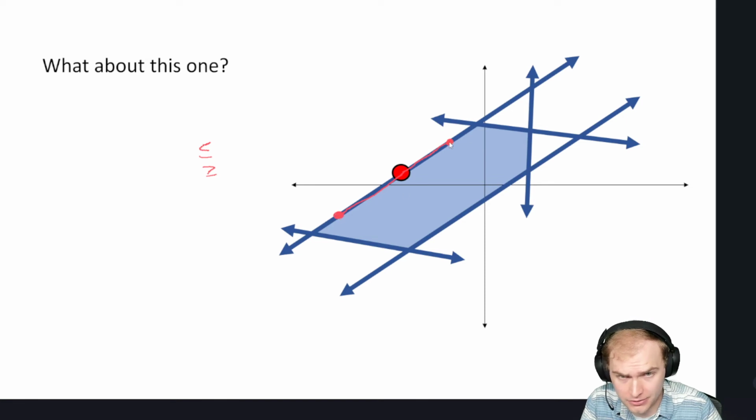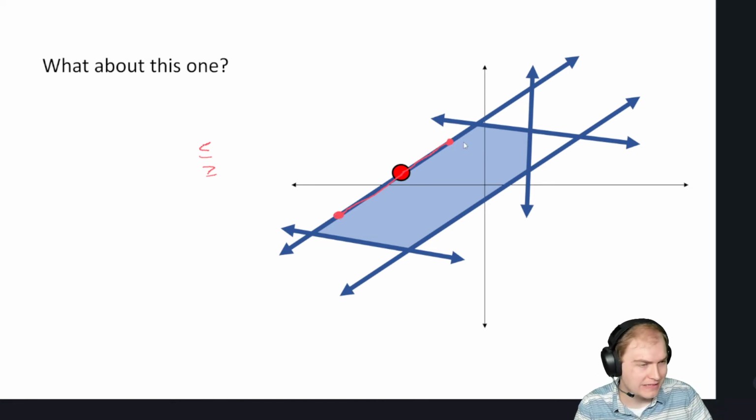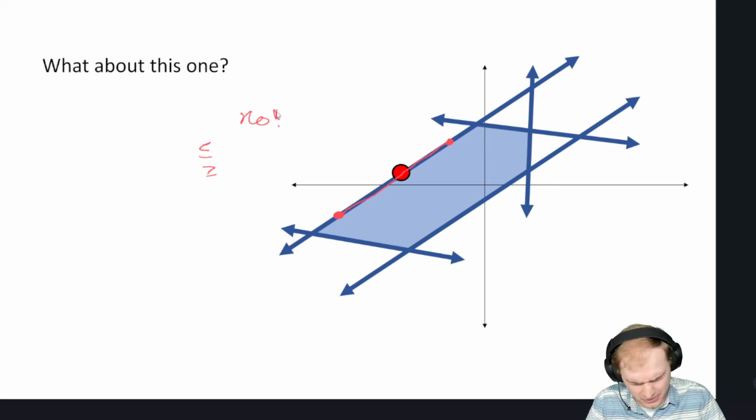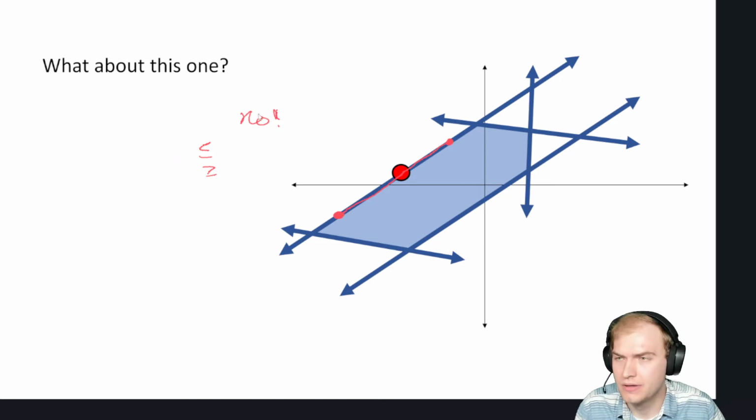These points on the boundary are in fact in the set. So no, this is not extreme. I know this is a little confusing because before we were asking, using our points as endpoints, can we draw a line? Here we want to ask, can this be a midpoint between 2 points? So no, this is not extreme.